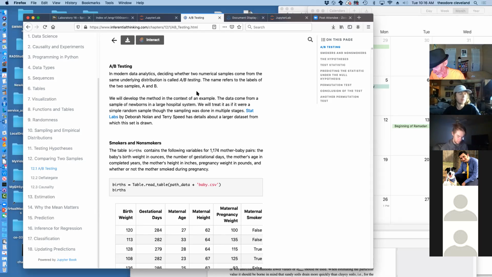Now, if they come from the same underlying distribution, there's an implication there, and the implication being not only did they come from a normal distribution, but they came from a normal distribution that has a particular population mean and a particular population variance. And since we're not always in God mode, we may not know what those population mean and population variances are. And so we have to what's the fancy word for flat out guessing?